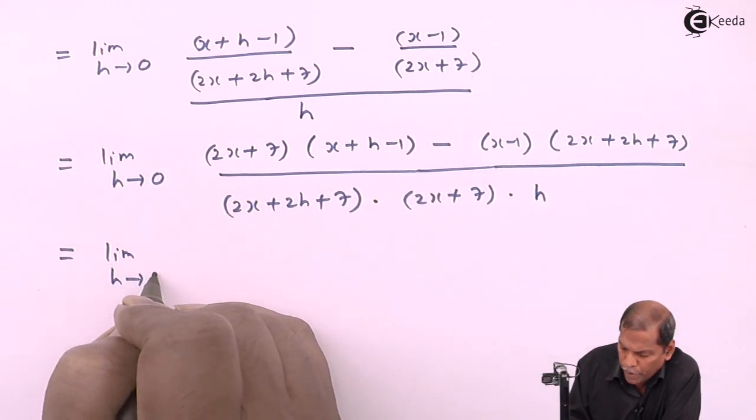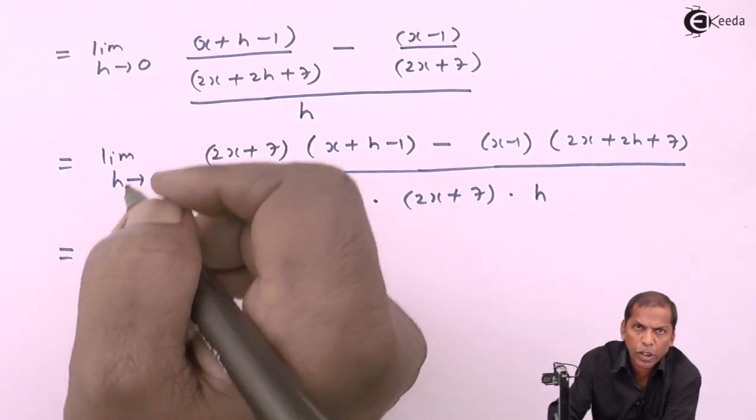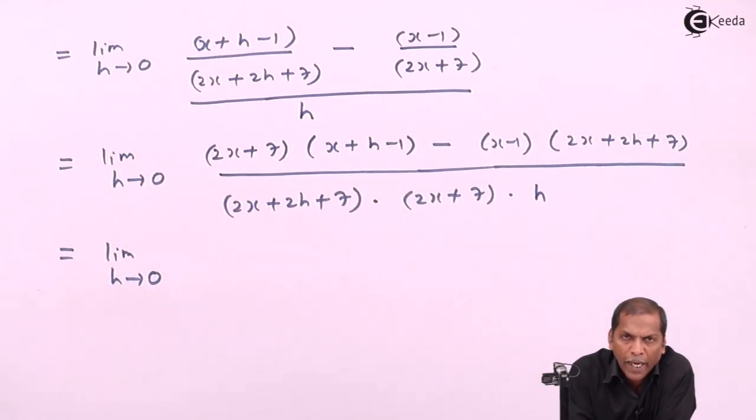So the next step will be limit h tends to 0. Now here we have to simplify the brackets in the numerator.